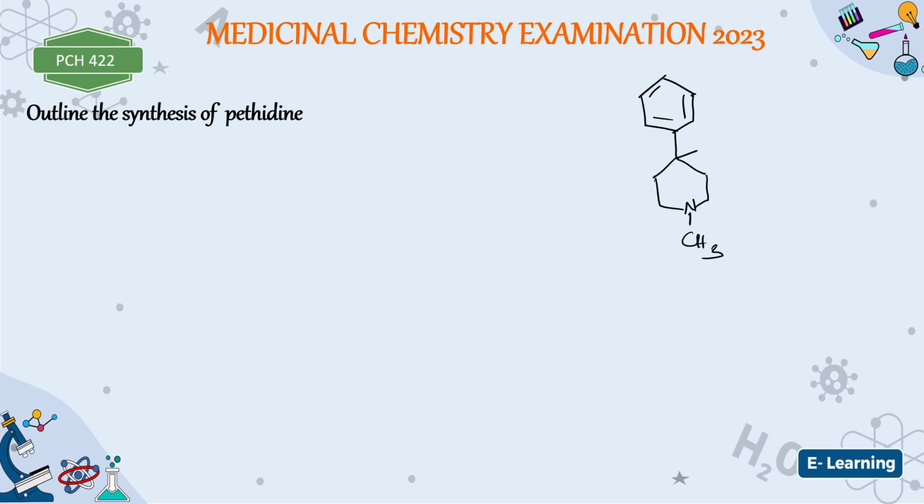And then you have your COO, C2H5. This is the structure of pethidine, which is also known as what? Piperidine. So how do we synthesize this compound?